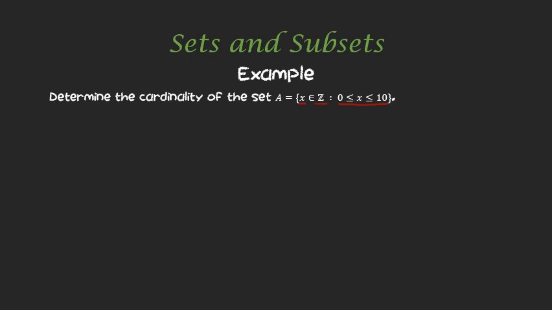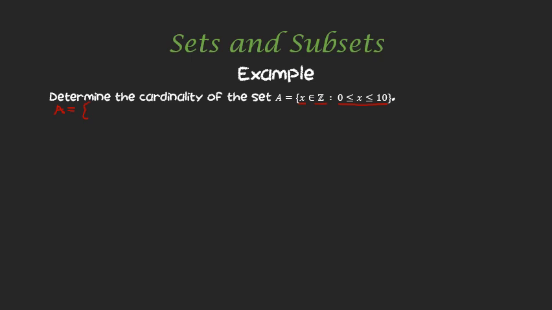So one way we might start this problem is to first just list the elements. We want to determine the cardinality, but remember that the cardinality is the number of elements in it. So it might be helpful to list its elements. And even though we use set builder notation to define this one, we could easily list its elements.